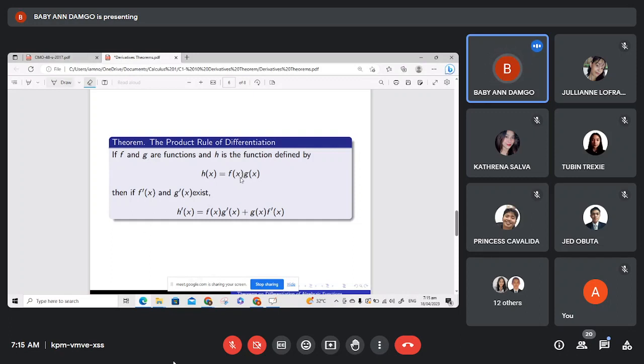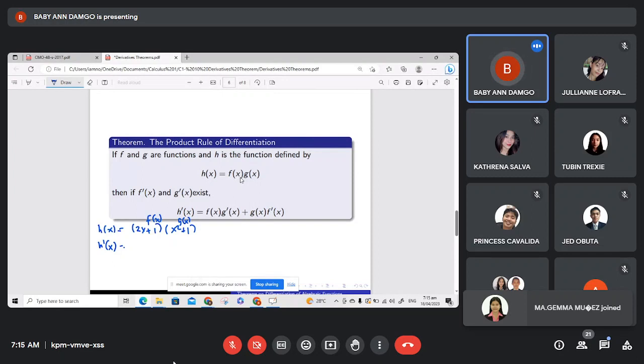Okay, so for example, so if you have h of x which is equal to 2x plus 1 times x squared plus 1. Okay, so ang pagkuha sa derivative anak class, so i-let na nimo siya og f of x. Ani, this is g of x, and then you follow the pattern.